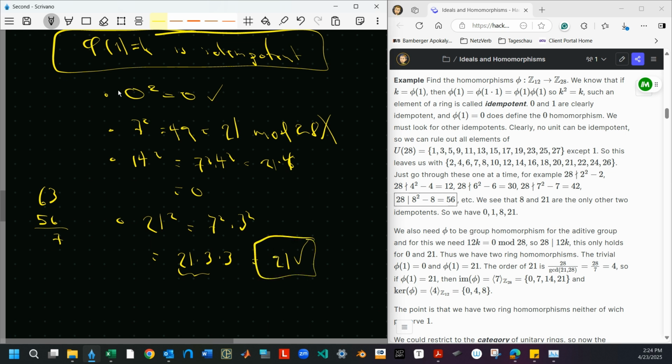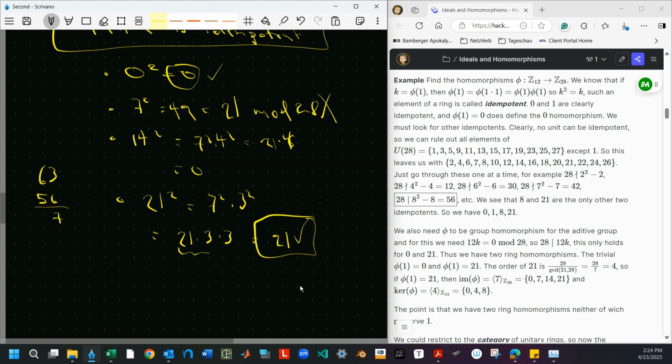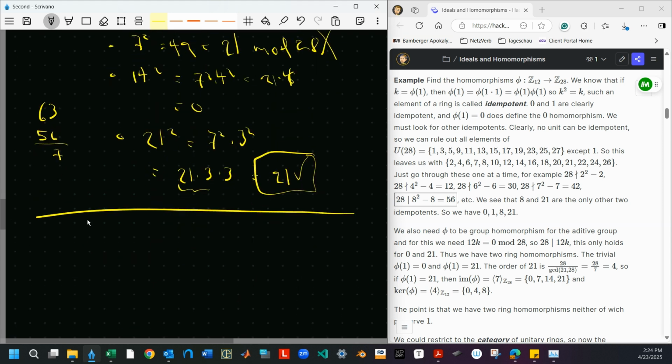So here are our two, 0 and 21. The two homomorphisms we can make are where we map 1 to 0, which of course just maps everything to 0. So this is the map phi from Z_12 to Z_28 which sends everything to 0, so the kernel of phi is all of Z_12.